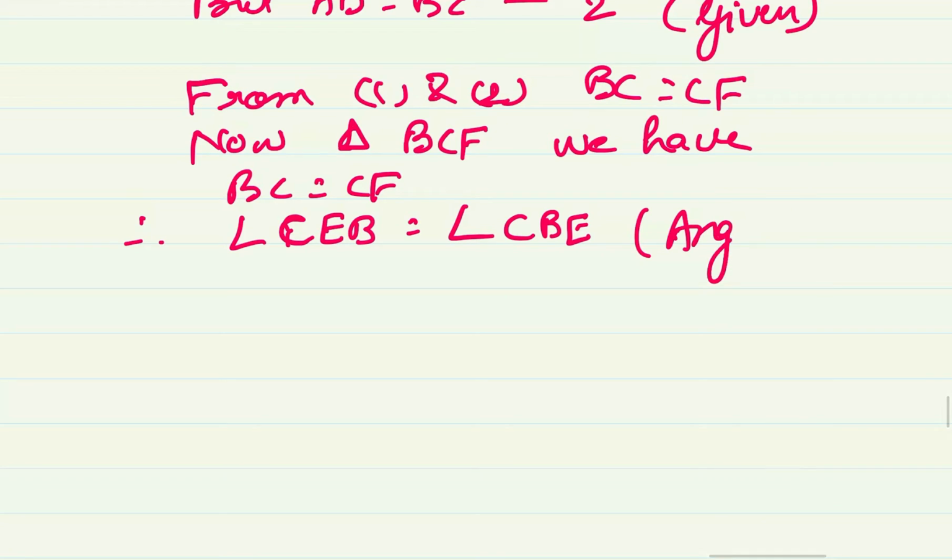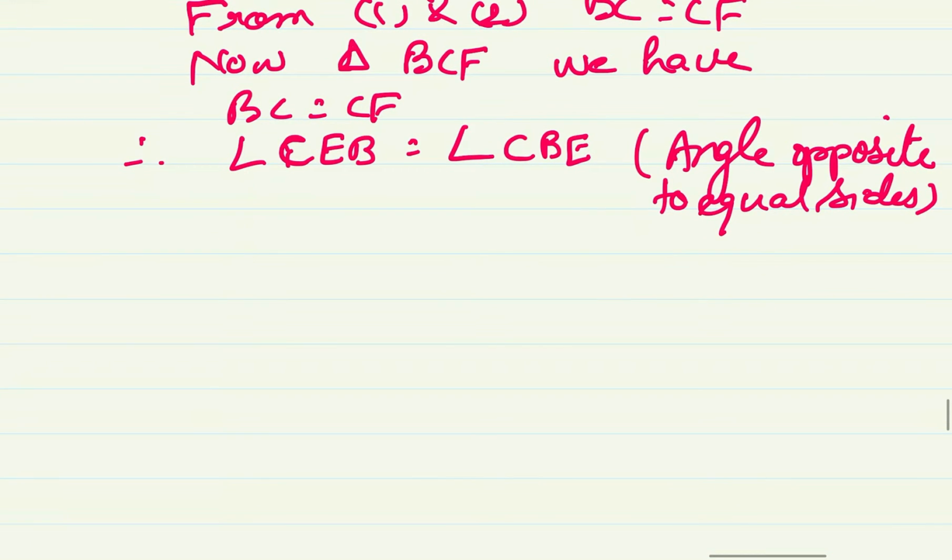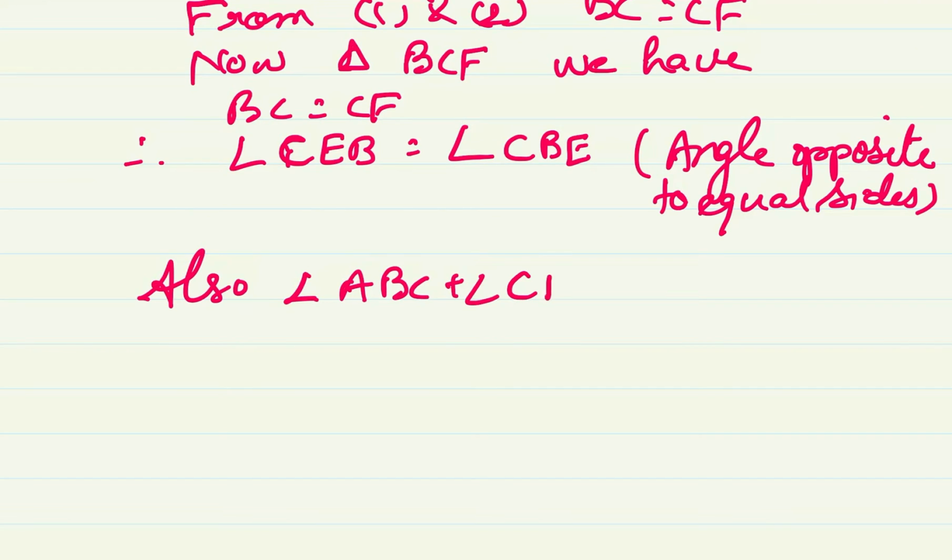Angles opposite to equal sides. Also, angle ABC plus angle CBE is equal to 180. This is result 4 and this is result 3.